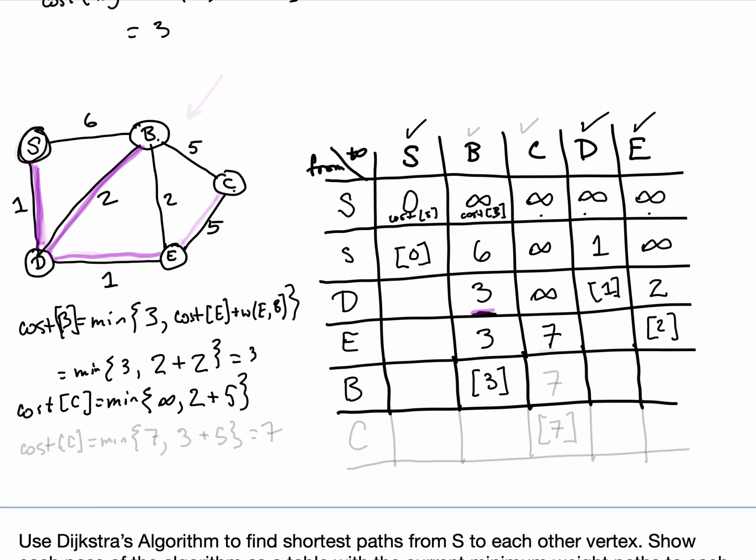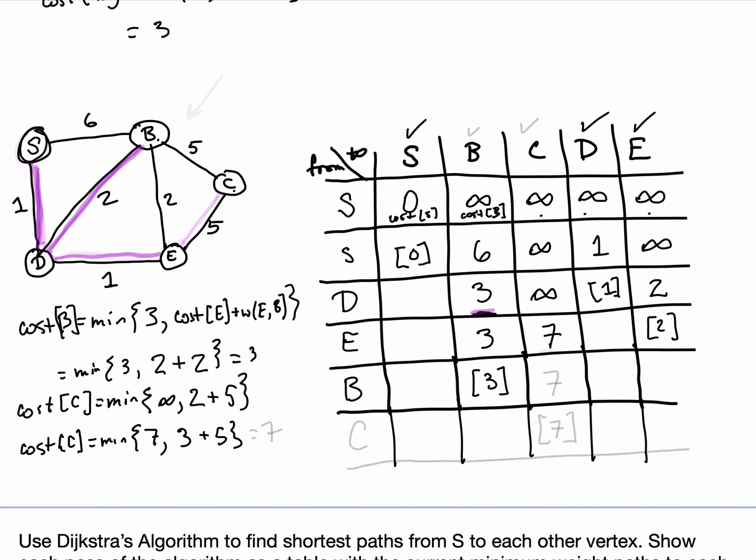Okay, we'll now process the vertex B. So again, we're looking at all of its unprocessed neighbors. It only has one unprocessed neighbor, and that's C. So when we look at the cost for C, that is again the minimum of its current cost, which is 7, and the cost up to B, which we're processing, which is 3, plus the weight of the edge from B to C, that's 5.